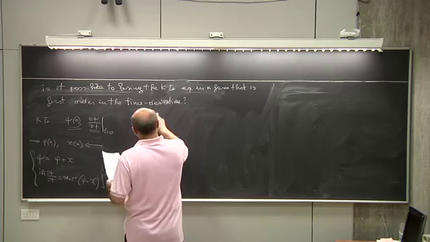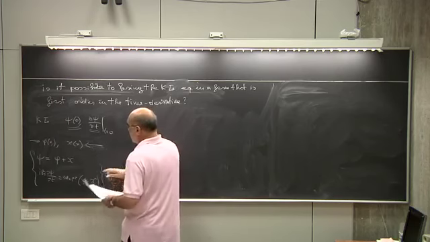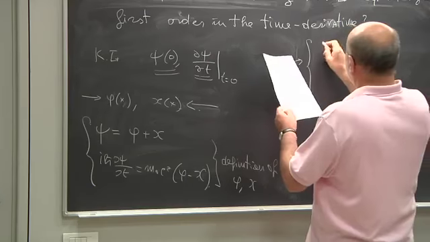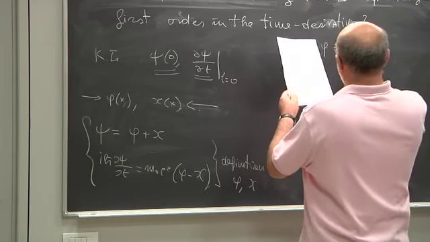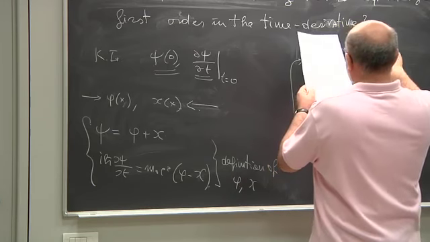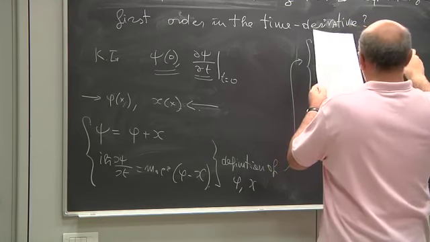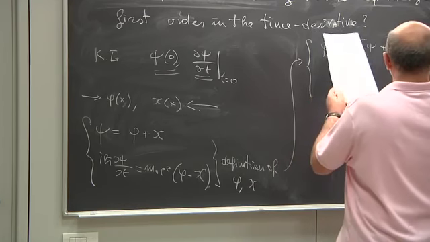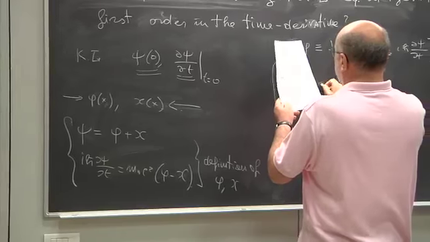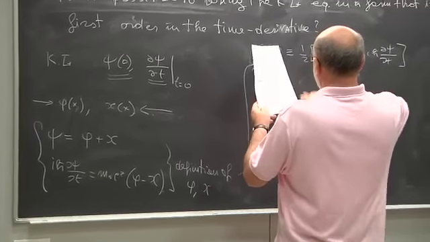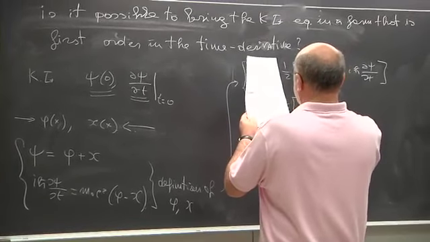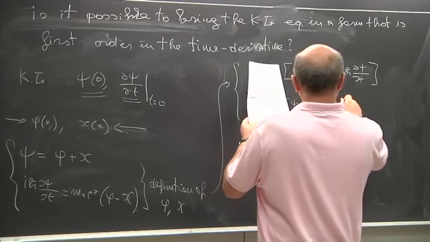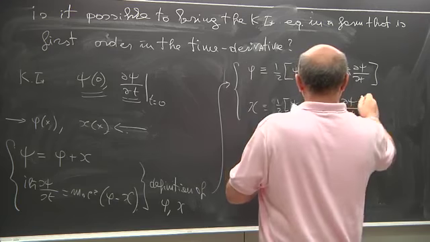This is a definition because it's easy to see that if you do the sum and the difference between these two, multiplied by the proper factor, you get that phi is defined as 1/2 (psi plus 1 over m0 c squared i h bar d psi dt), and chi is defined as 1/2 (psi minus 1 over m0 c squared i h bar d psi dt).